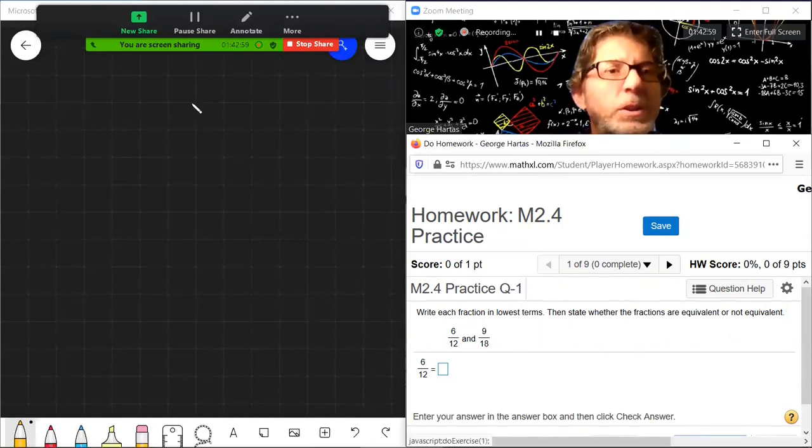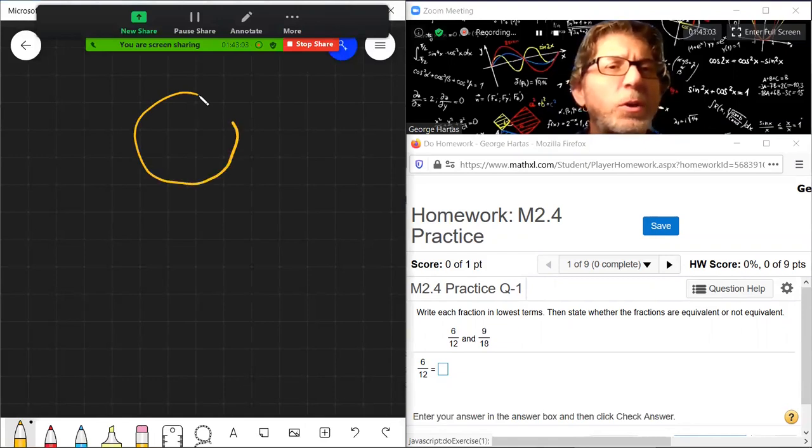So let me do a sketch real quick. The whole represents the complete circle, right? That's the denominator. I'm going to cut this in half like this. Pretend this is exactly equal on both sides, even though it's not. And I'm going to shade one side.